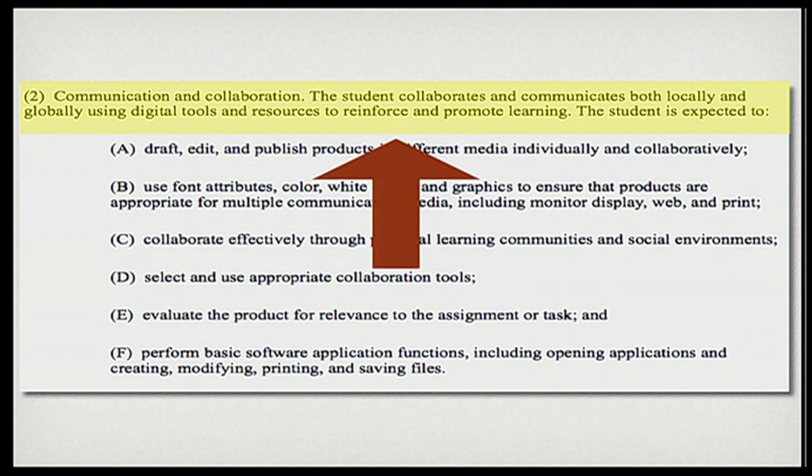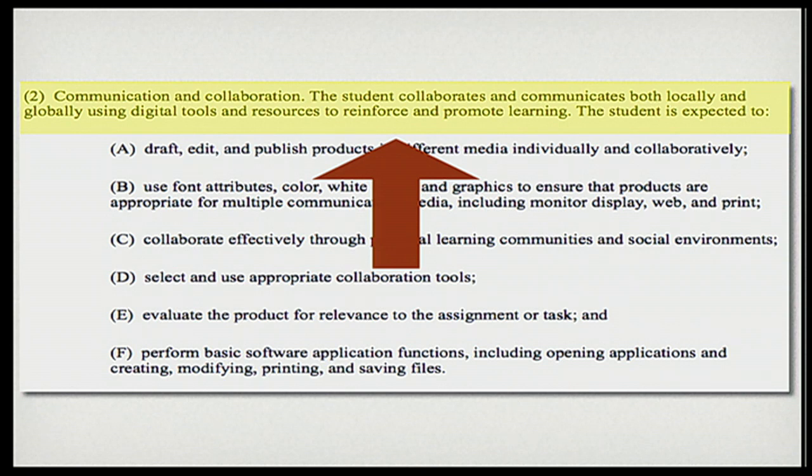So this is again taken from the 3rd through 5th grade technology applications TEKS, and each one of the strands starts off with a knowledge and skills statement. This is the second strand, and we're going to take it apart here, but you notice that the knowledge and skills statement always introduces the strand.